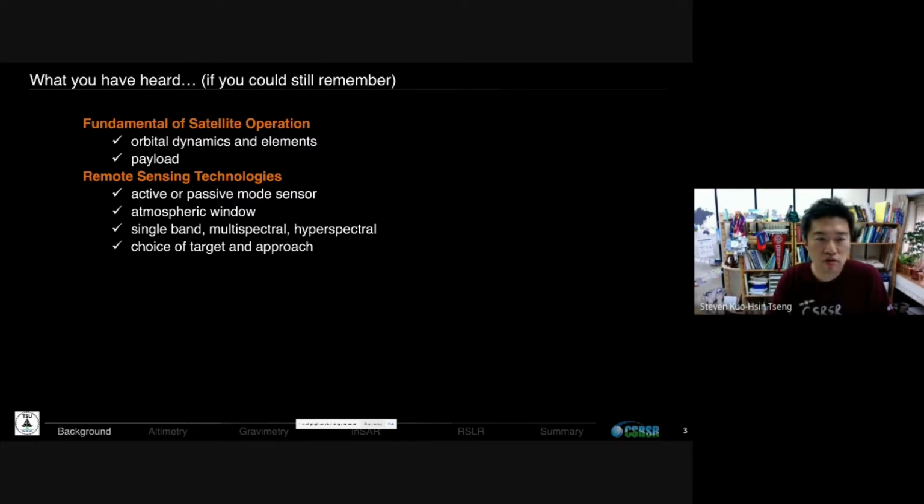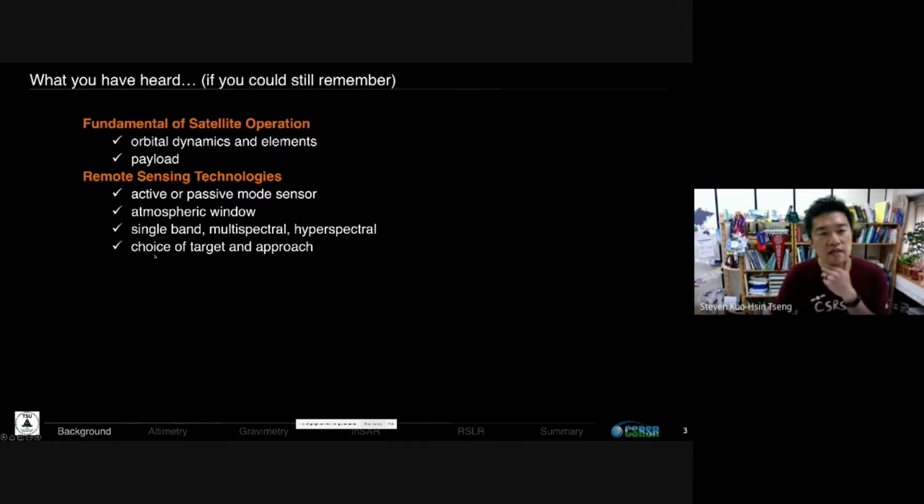And also, you are probably familiar with the terminology single band, multispectral and hyperspectral. So when we talk about the capability of the satellite, it can measure just one frequency, a couple of frequencies, or hundreds of frequencies. For example, hyperspectral is to take images covering from probably visible light to far infrared with some 200 channels. So it's a kind of spec of the satellite.